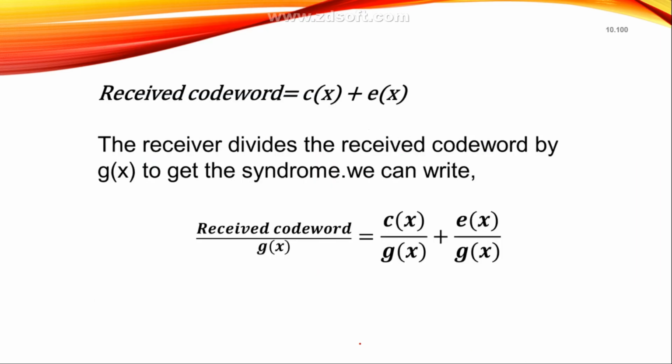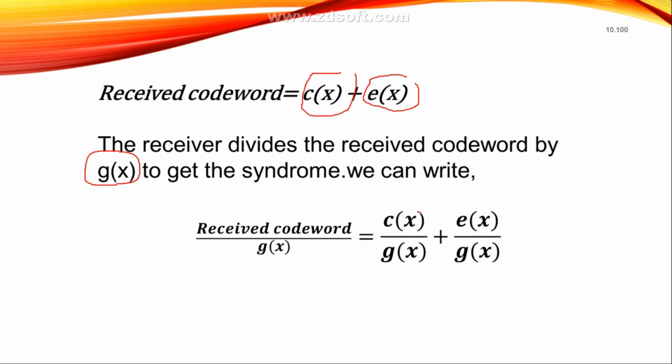As we know, the received code word is represented by c(x) plus e(x), that is your code word plus error. The received code word is a sum of the sent code word and the error. And the receiver divides this received code word by g(x), that is your generator, to get the syndrome, that is the checker.